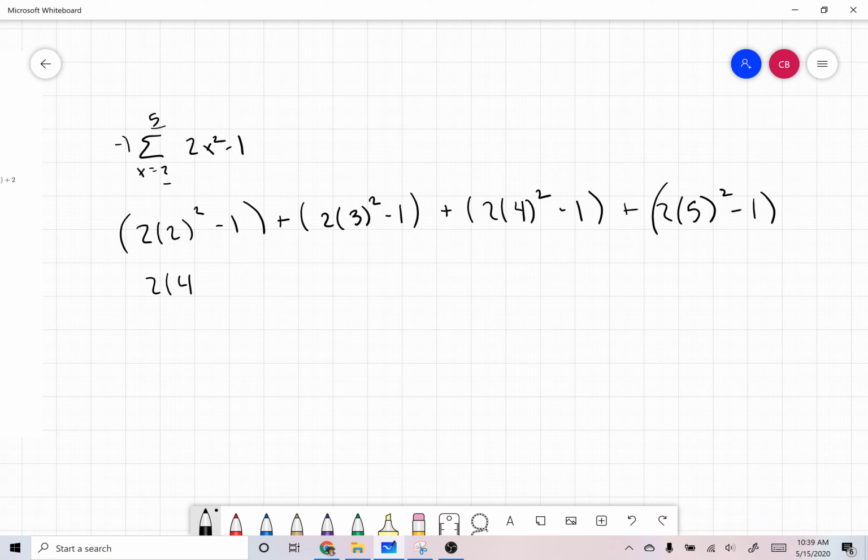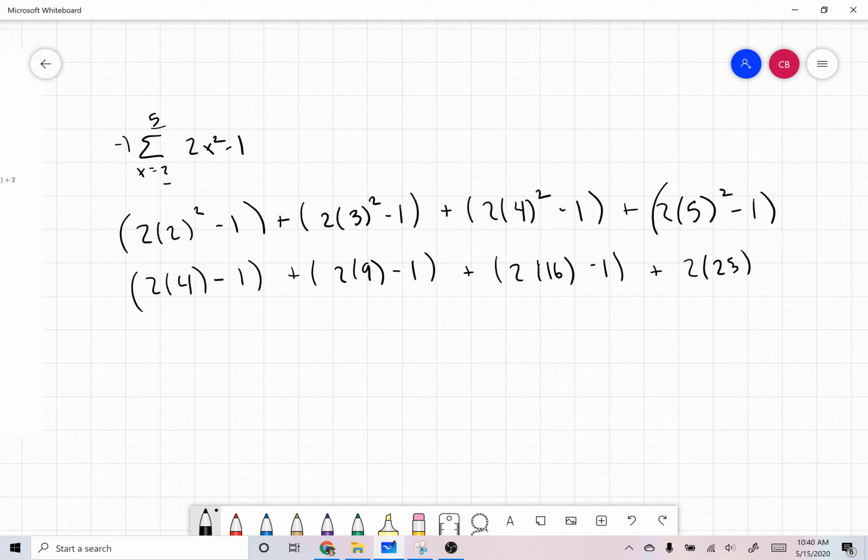2 times 4 minus 1, plus 2 times 9 minus 1, 2 times 16 minus 1, 2 times 25 minus 1. This is 8 minus 1, which is 7. 18 minus 1, which is 17. 32 minus 1, which is 31.